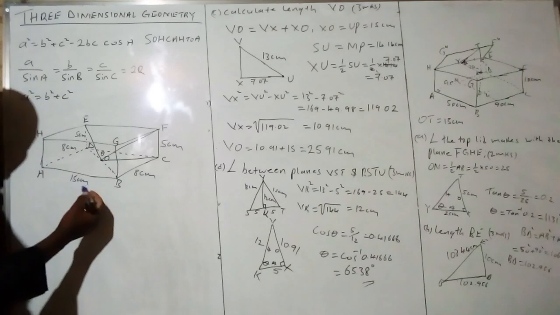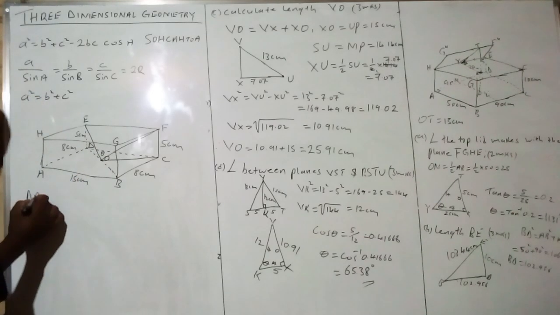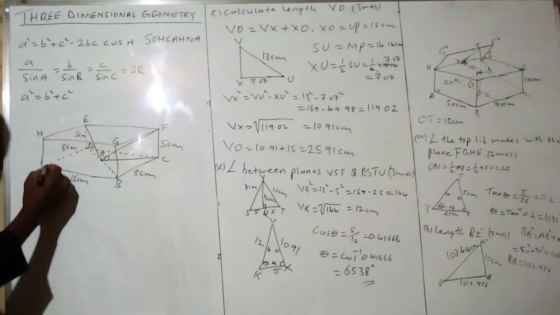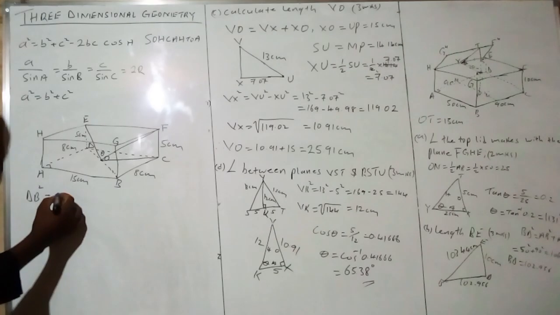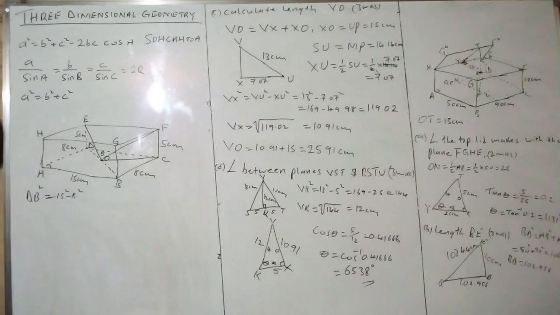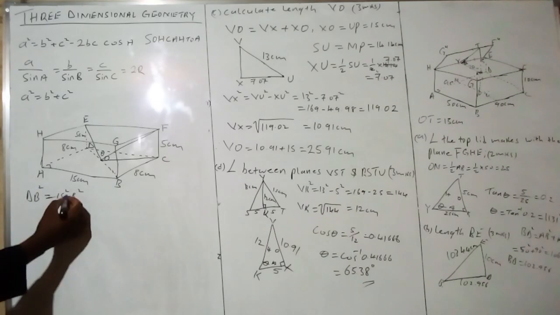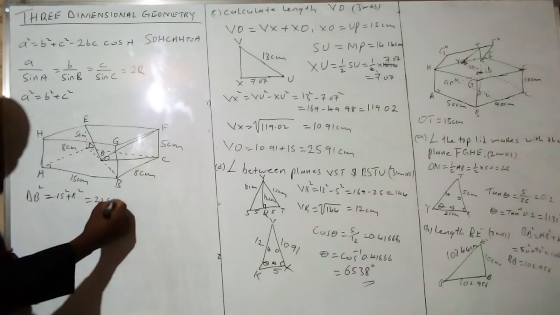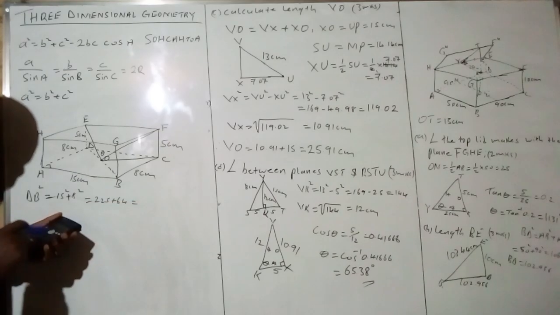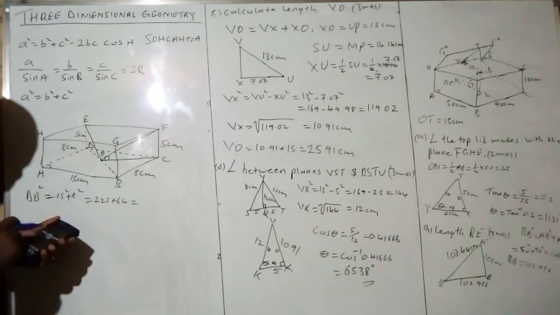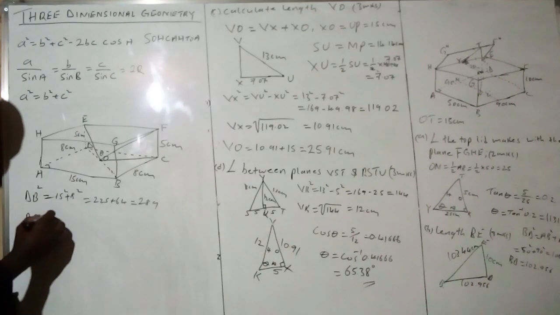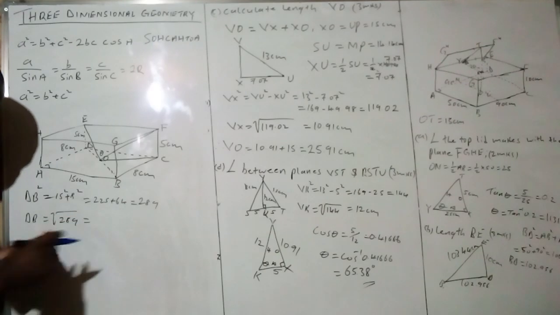First of all, you get DB squared. DB squared is equal to, this angle here is supposed to be 90, so we say 15 squared minus 8 squared. No, we are supposed to add, because DB will be a hypotenuse. 225 plus 64, we get 289, and DB will be the square root of 289, which is 17.